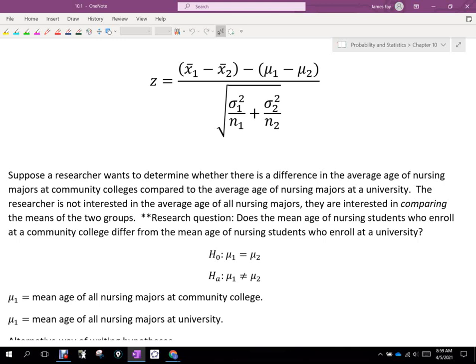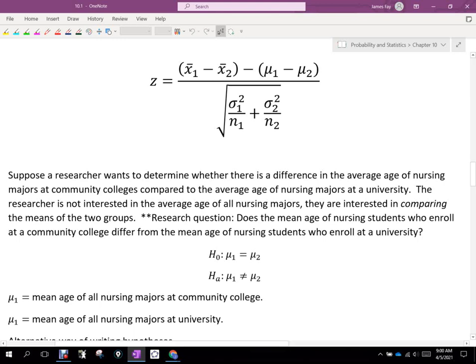Then it's important to remind yourself what mu1 is. I've defined it there as the mean age of all nursing majors at community college. If you want to make it more obvious, you could say mu sub C for community college and mu sub U for university. So you can remind yourself which one's which. Those subscripts are identifiers, so you can make them what makes sense to you.